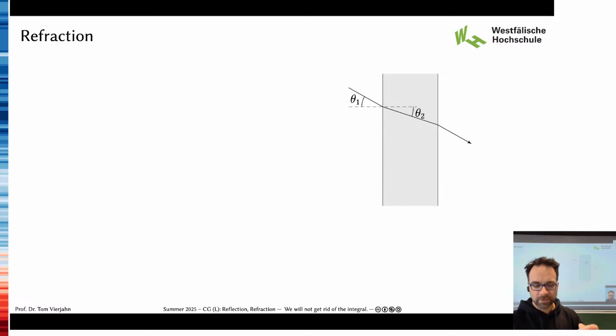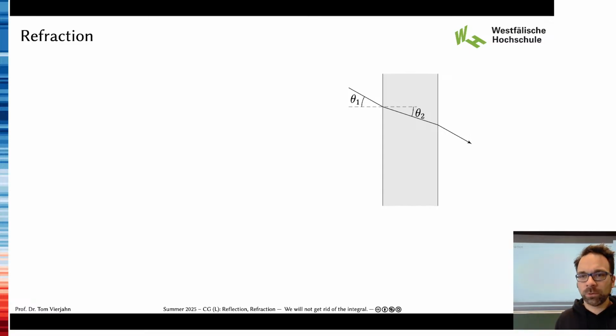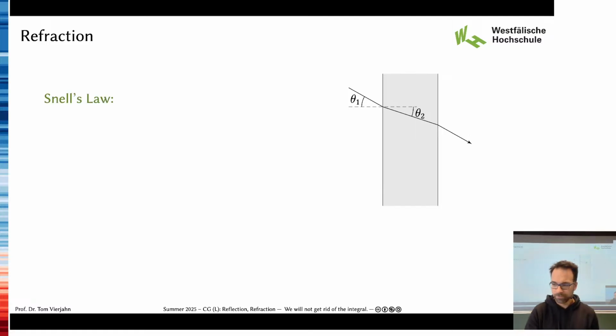So if you as a ray of light enter an optically denser material, you will get bent towards the normal, right? And this is what Snell's law tells you.